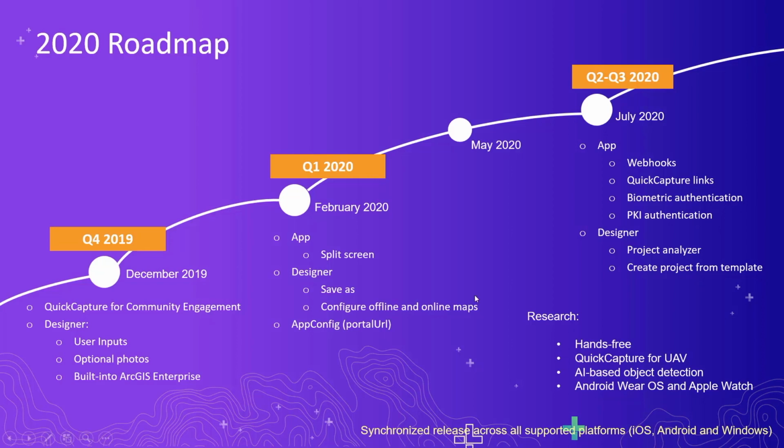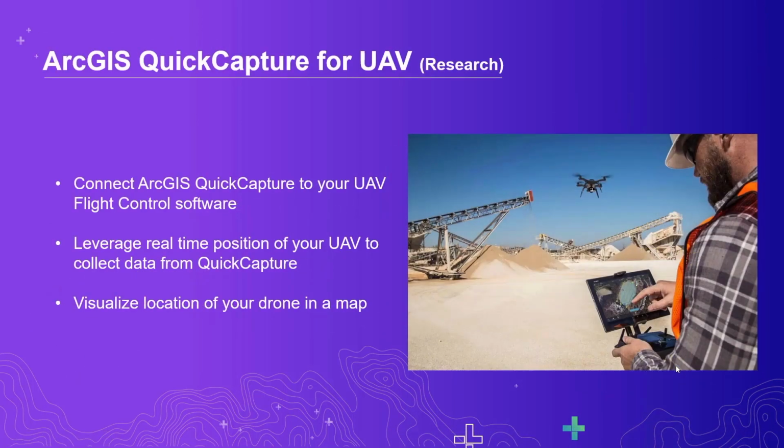The other one I want to highlight is QuickCapture for UAV. Essentially the concept here is that when you have a drone and you fly, the typical workflow involves getting images into a laptop or a computer so you can analyze them later. What we want is to combine QuickCapture with your drone flight control software so you can capture data as the drone flies.